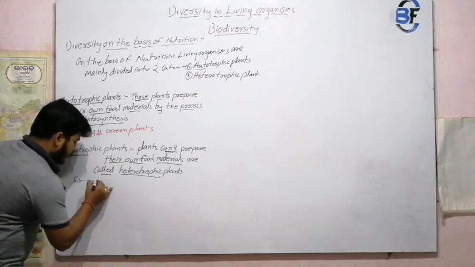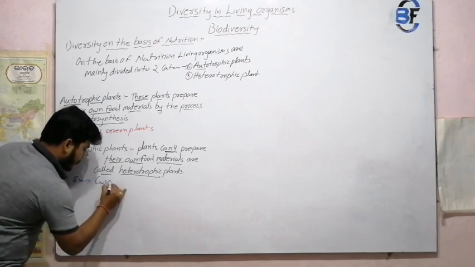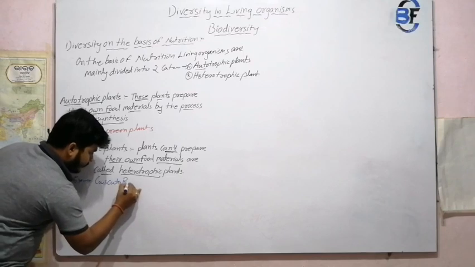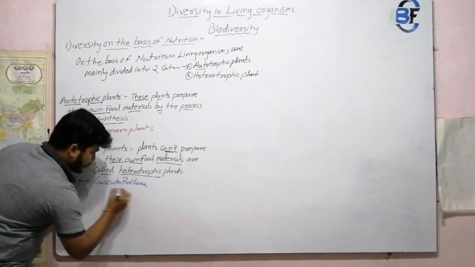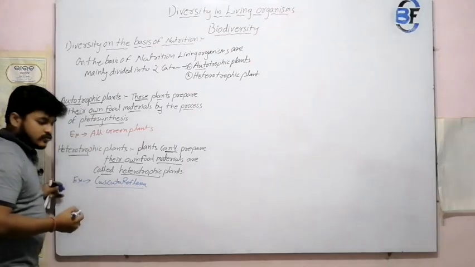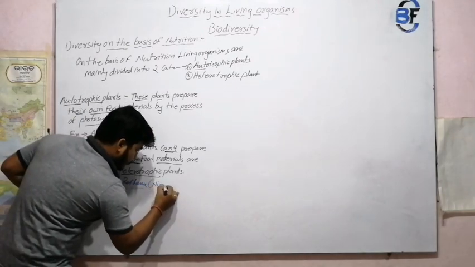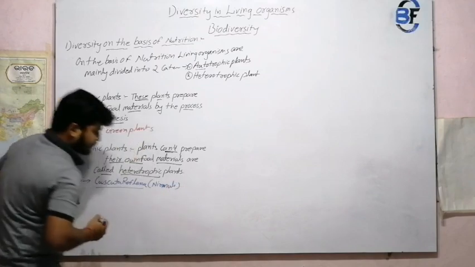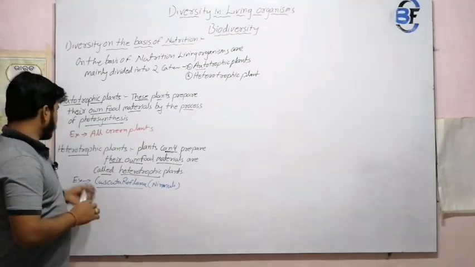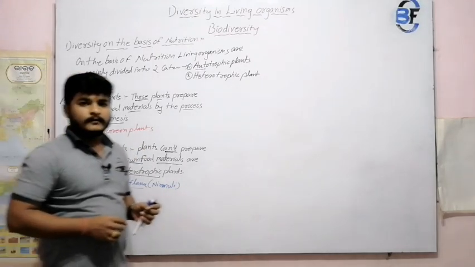The best example of a heterotrophic plant is Cuscuta reflexa, commonly named Nirmuli. So this is the common example of a heterotrophic plant.